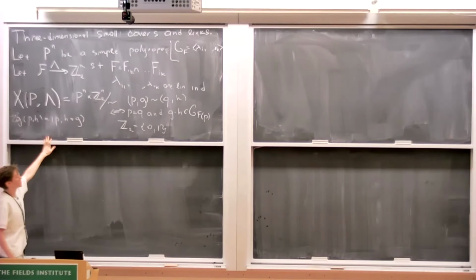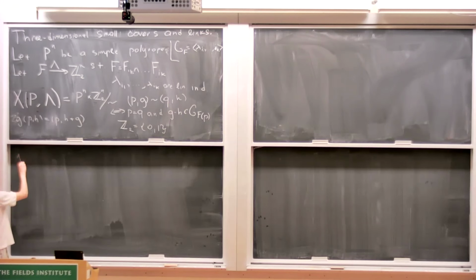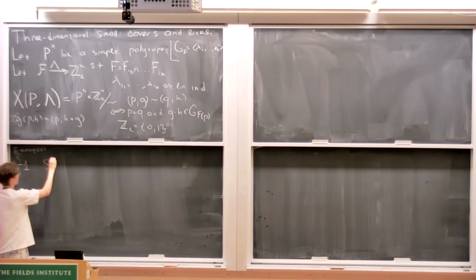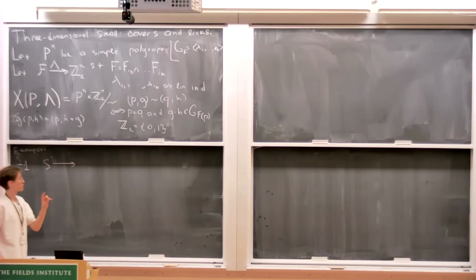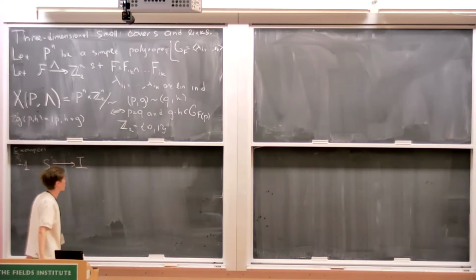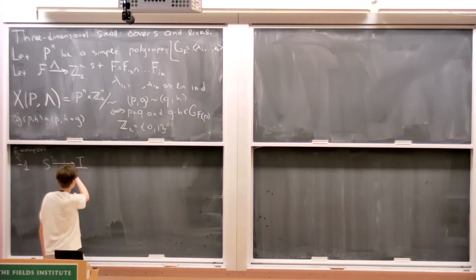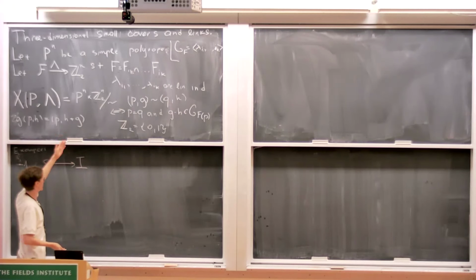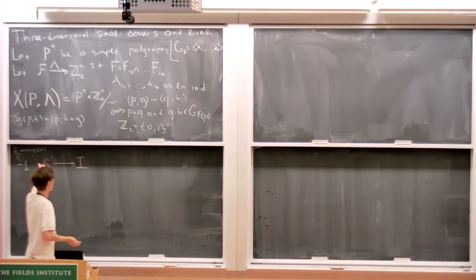Now let me state some examples. I will start with a toy example. The first example is a circle with a reflection. There are two fixed points, and the orbit space is an interval, a one-dimensional cube. How do you actually get a circle?